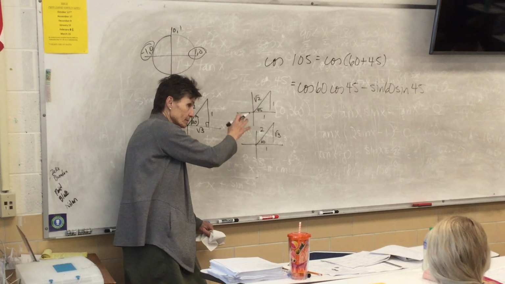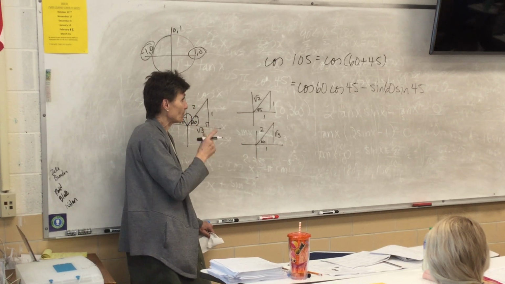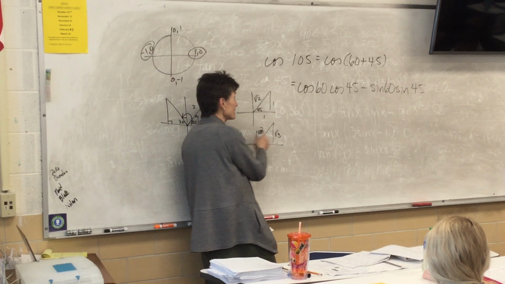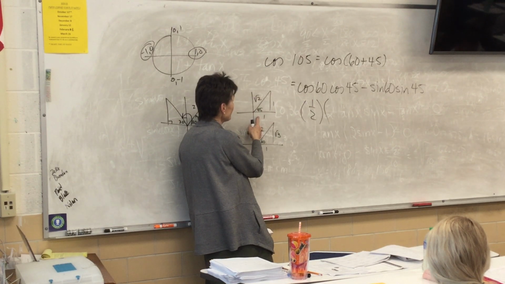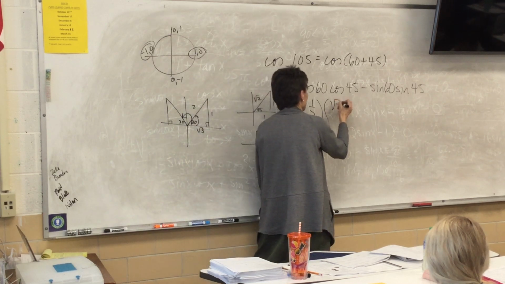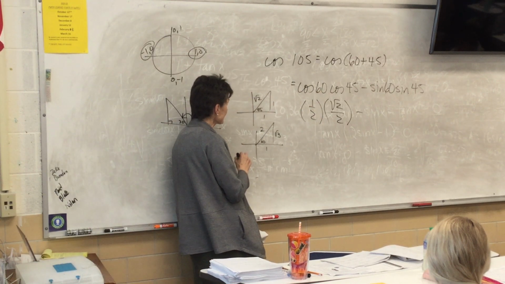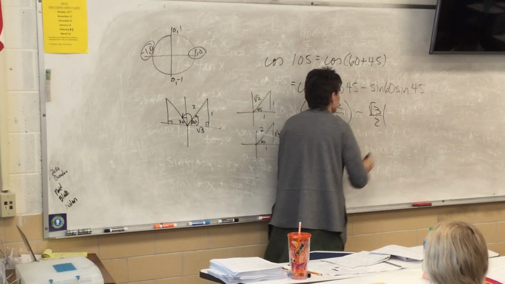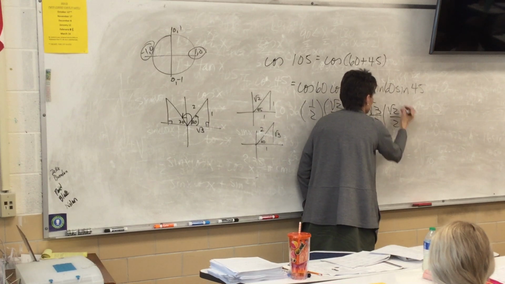Or, I mean, the 30, 60, 90 thing memorized. You don't have to have memorized the cosine of 60, but you need to be able to figure it out. The cosine of 60 is 1/2. And the cosine of 45 is 1 over root 2, or root 2 over 2. The sine of 60 is root 3 over 2. And the sine of 45 is also root 2 over 2.